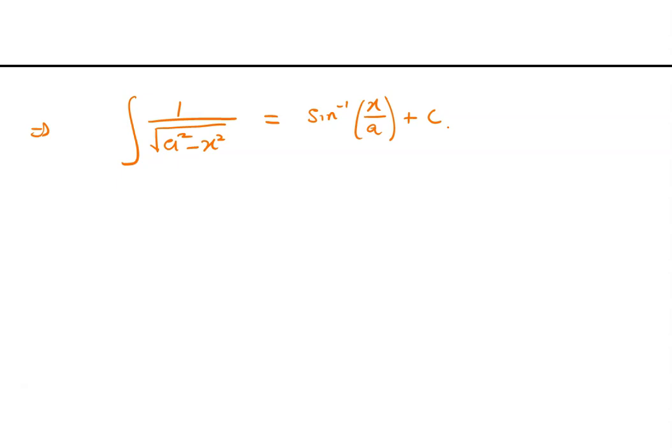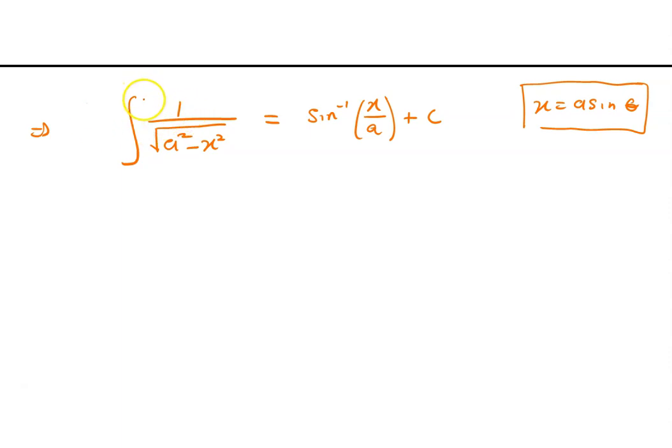With this, we made a substitution, and the substitution that we made was x equal to a sine theta. If you are proving it, you make the substitution x equal to a sine theta. But this is the result.